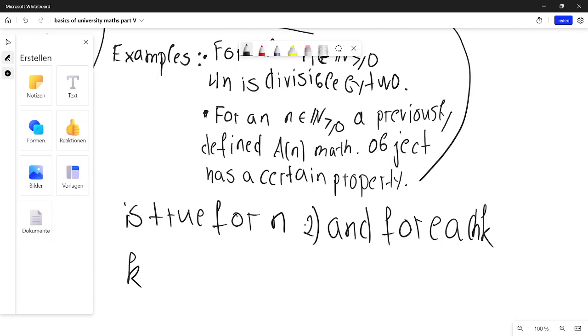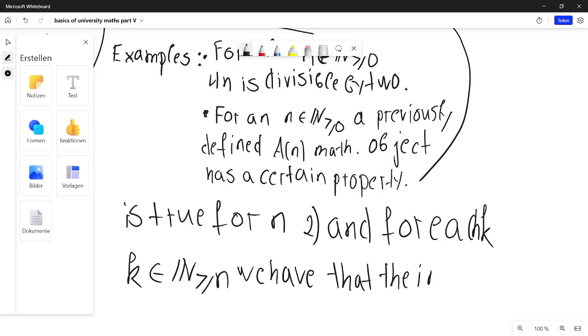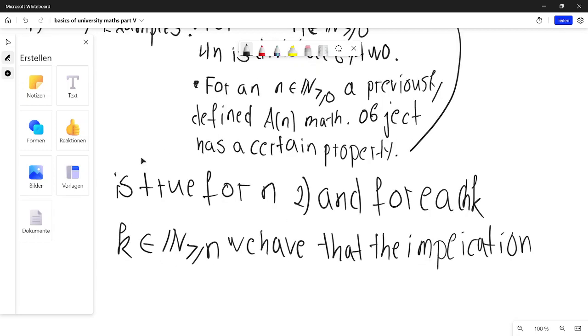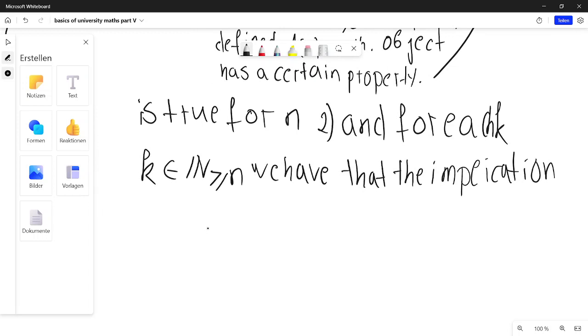And for each k with k bigger or equal n, we have that the implication, P is valid for k.